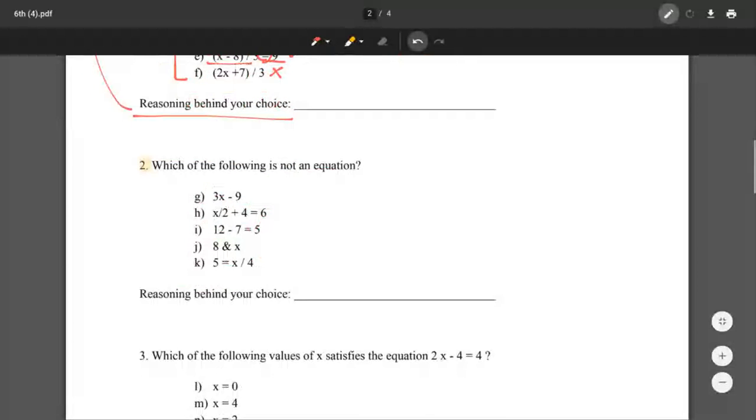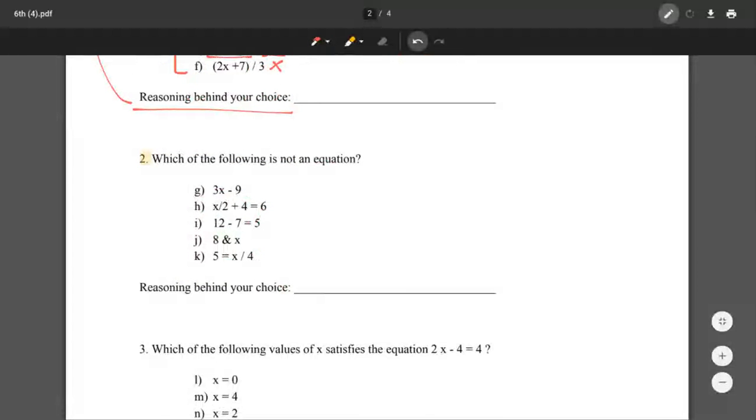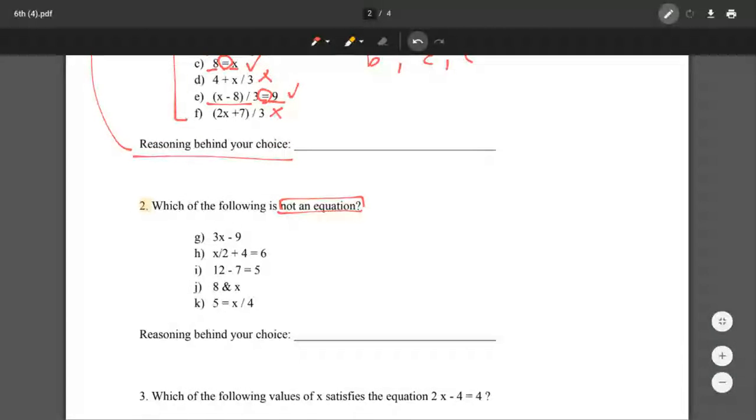Okay? And then for number 2, which of the following is not an equation? So this time we have to choose the ones that are not an equation, right? And so this one's not. So G is not an equation. That's an equation, right? Because it has mathematical expressions on each side, and then there's an equal sign. That's an equation.